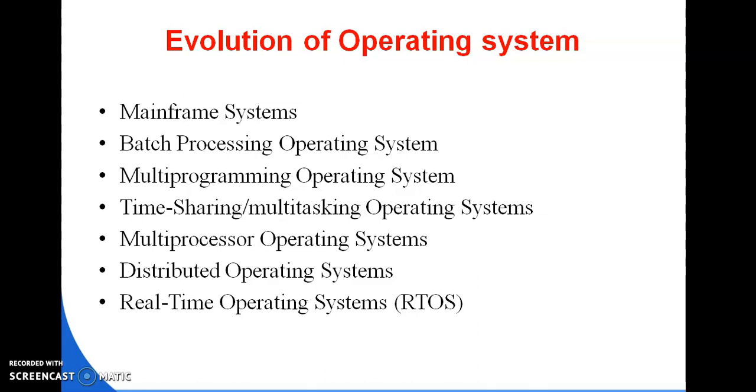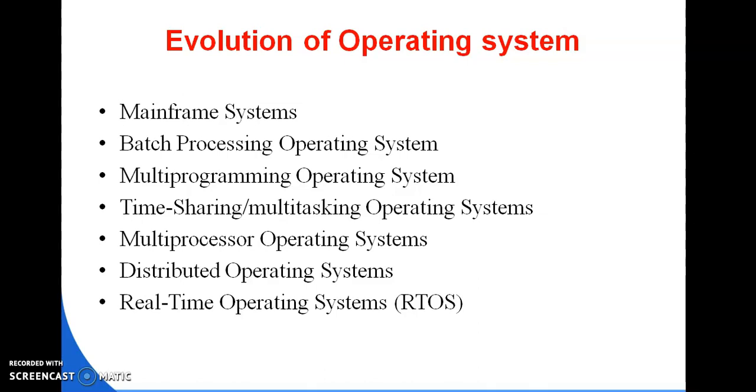Next is the resident monitor, known as the initial control in monitor, and control transfers to the job. The mainframe system handles more than one process at a time, so it follows the parallel processing technique to solve the different problems.